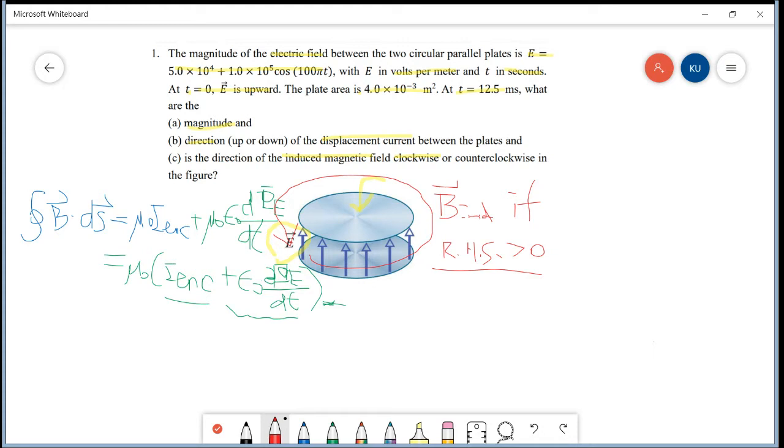So we would like to calculate the displacement current, which is nothing but epsilon 0 d phi e dt.